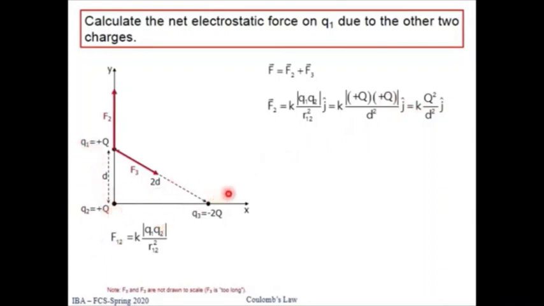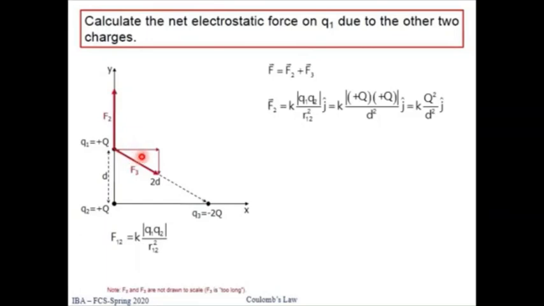Now let me determine the second force, which is F3. Keep in mind that F3 is neither parallel to the x-axis nor parallel to the y-axis. Therefore, we have to resolve it into its components. The first component is along the positive x-axis and the other is in the downward direction, the negative y direction, where the angle is given as theta.